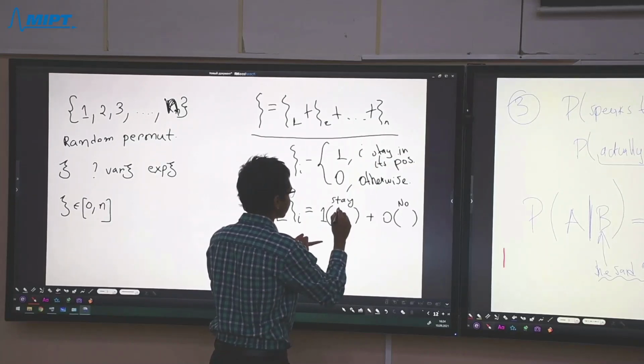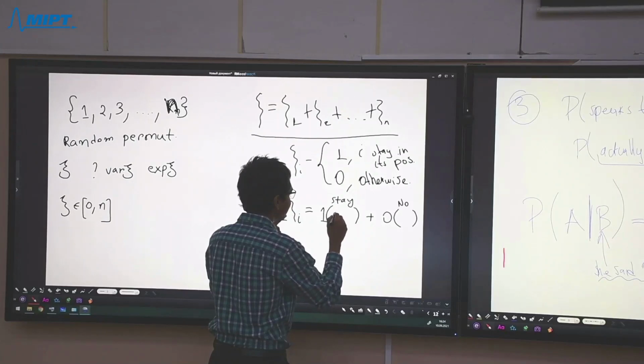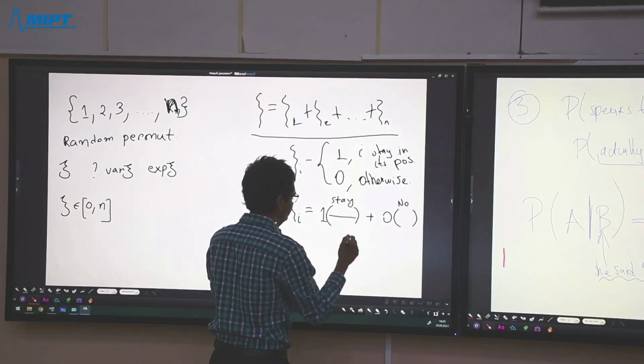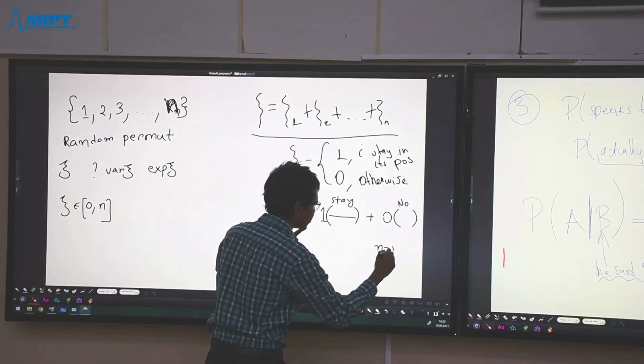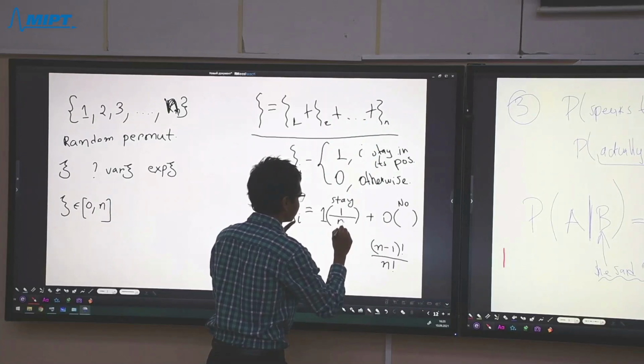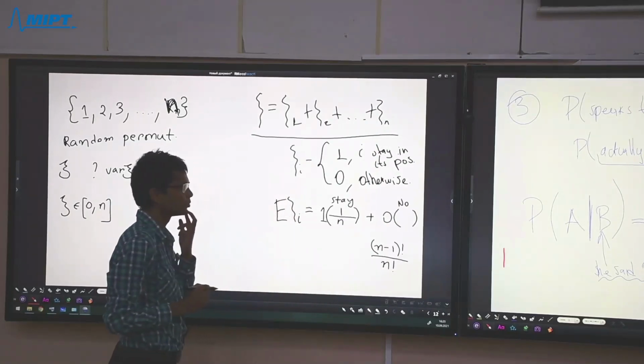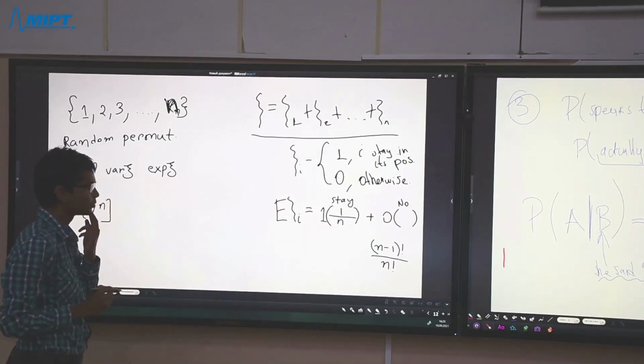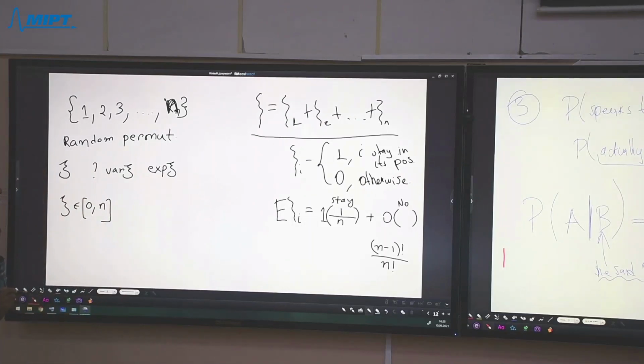It is the number of permutations, so it's n minus 1 factorial over n factorial. So it is clear for everyone? Okay, good. So we have that.